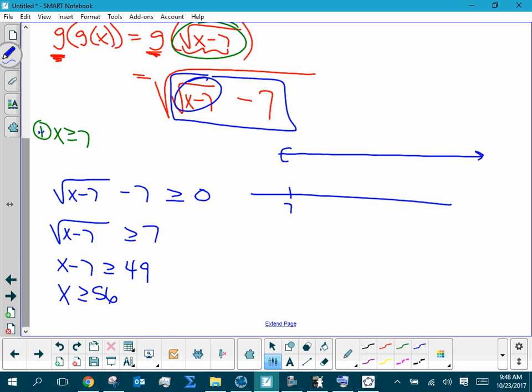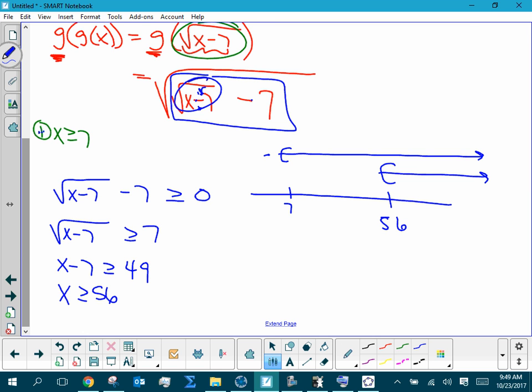I want to force that to be non-imaginary, and that happens at values that are bigger than 7. But because we've got the minus 7 in the other square root, once I'm okay with a number providing a real number back underneath this first inside square root, now we subtract 7 from that and take the square root again, and the only numbers you're going to get back there are bigger than 56.